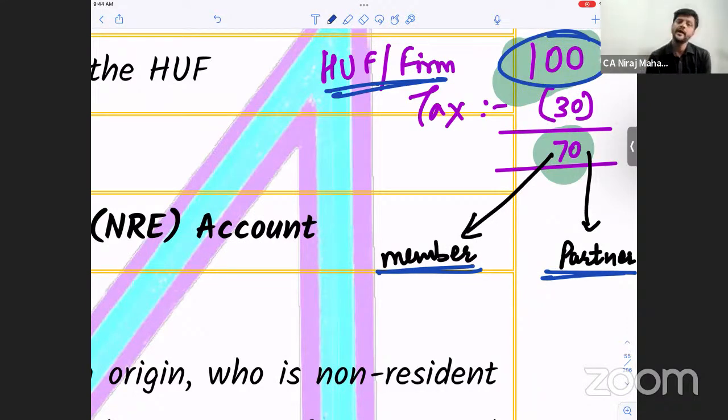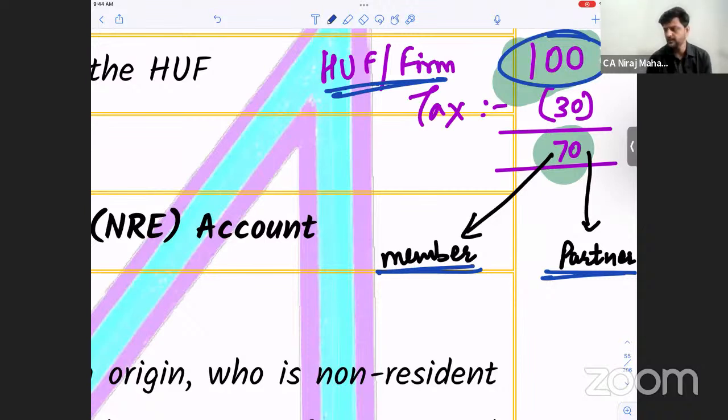That is their income. Again, are we going to tax 70? No. It will lead to double taxation. Understood, everybody?